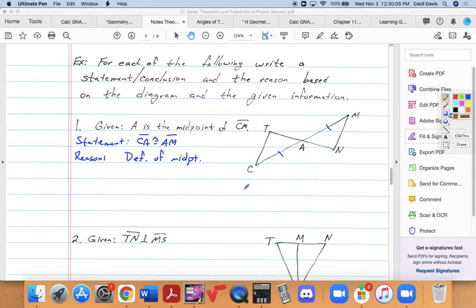All right, everybody take a look at the next one. Again, if you need to look back at your previous examples, do it.